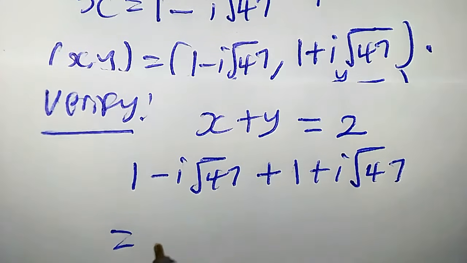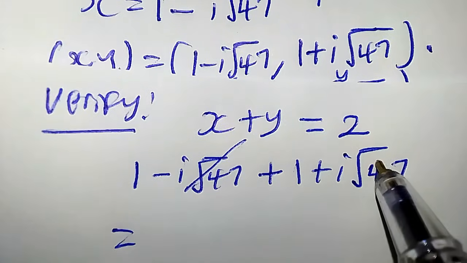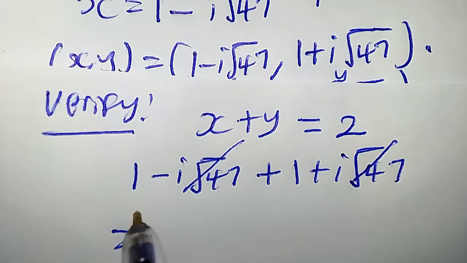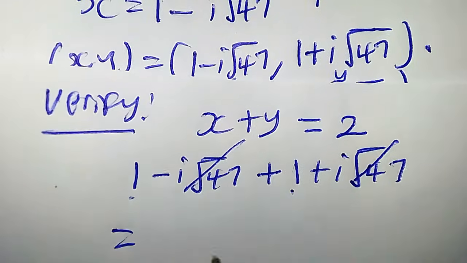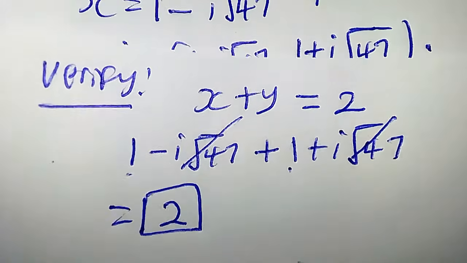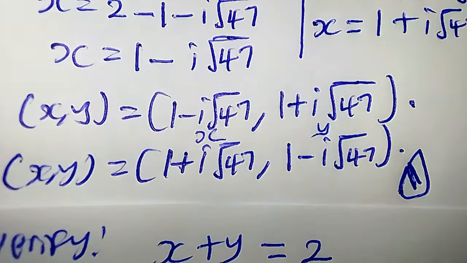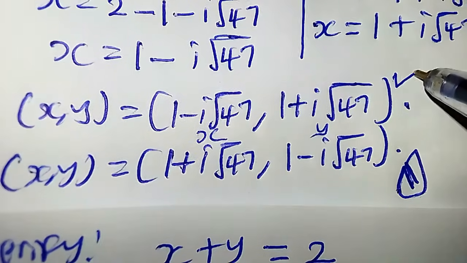This equals, minus i root 47 cancels out plus i root 47. We are left with 1 plus 1, which is 2. This is exactly what we have on the right hand side of this equation. Thus, indeed, the first solution is correct.